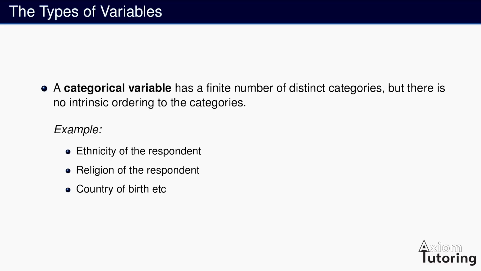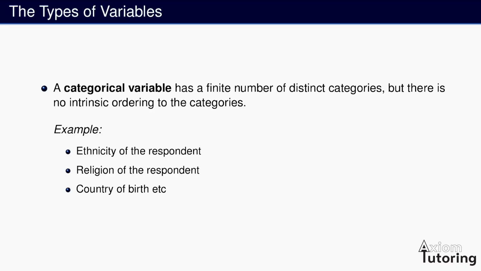Okay, so for example, if we think about the religion of the respondent, Catholic will be coded as 1, Muslim will be coded as 2, etc. Okay, but those numbers are entirely arbitrary and are completely meaningless. And so whenever you interpret that data, you really must make sure that you do not interpret those numbers as if they were meaningful. Okay, and the same is true for ordinal variables.